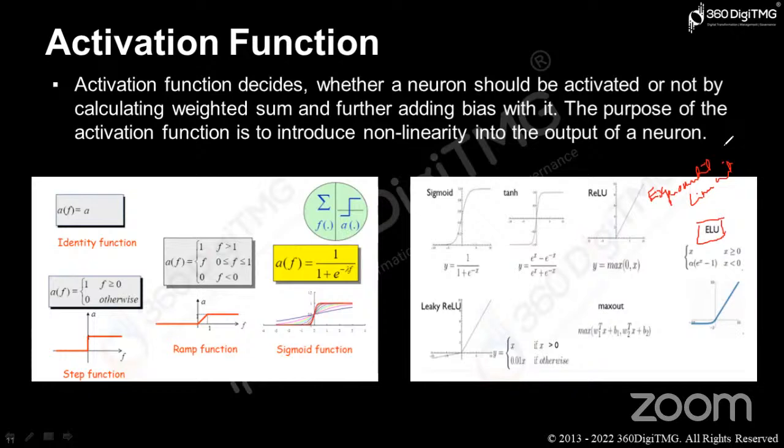It is widely known as ELU, and it is a function that tends to converge cost to zero faster and produce more accurate results. Different from other activation functions, ELU has an extra alpha constant, which should be a positive number. So that is the ELU function, the exponential linear unit.